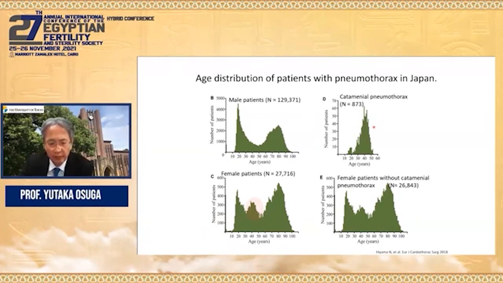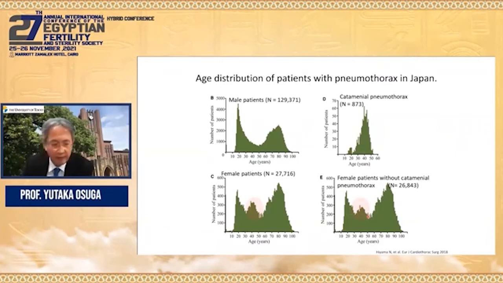So we then subtracted the patients in figure D from the patients in figure C. The result is here, where the peak around age 40 still remains, not disappeared.